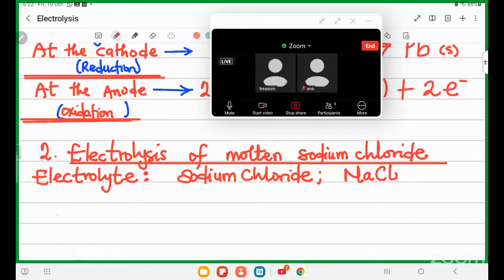Good. Now, what will be the cation? What's going to be the cation in sodium chloride, Treasure? Sodium. Say it, I will correct you if you are wrong. Just say it quickly so that we save time. Sodium what? Hannah, complete it for her.